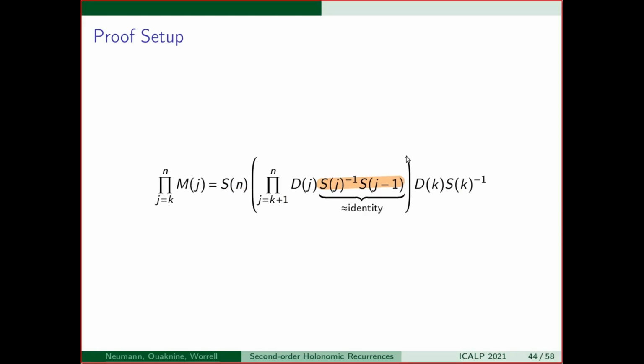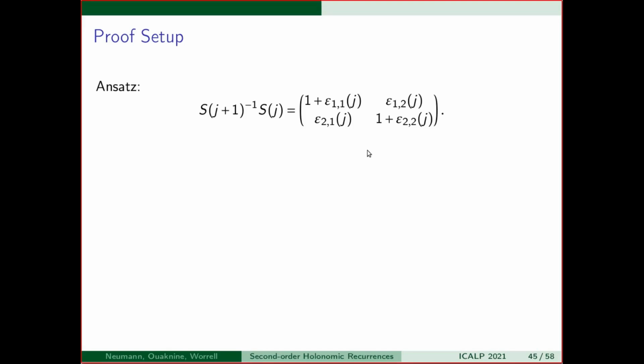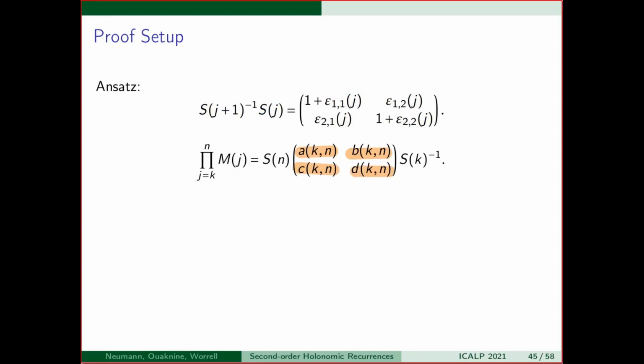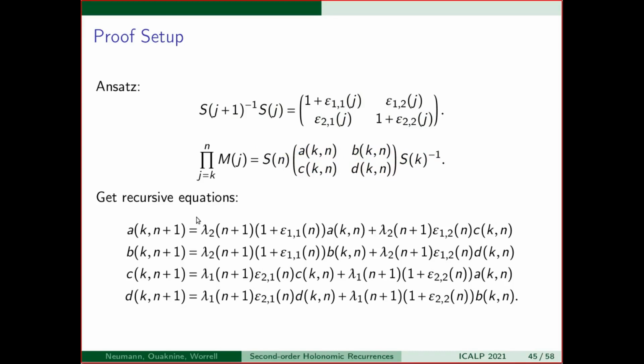So this leads us to the ansatz to say, let's introduce for these expressions error functions that depend on j, that tell us how far off we are from the identity. And then as a second ansatz, let's just give names to the entries of the matrix product, sandwiched by these base change matrices. We obtain, by elementary linear algebra, recursive linear equations for the entries of this matrix.